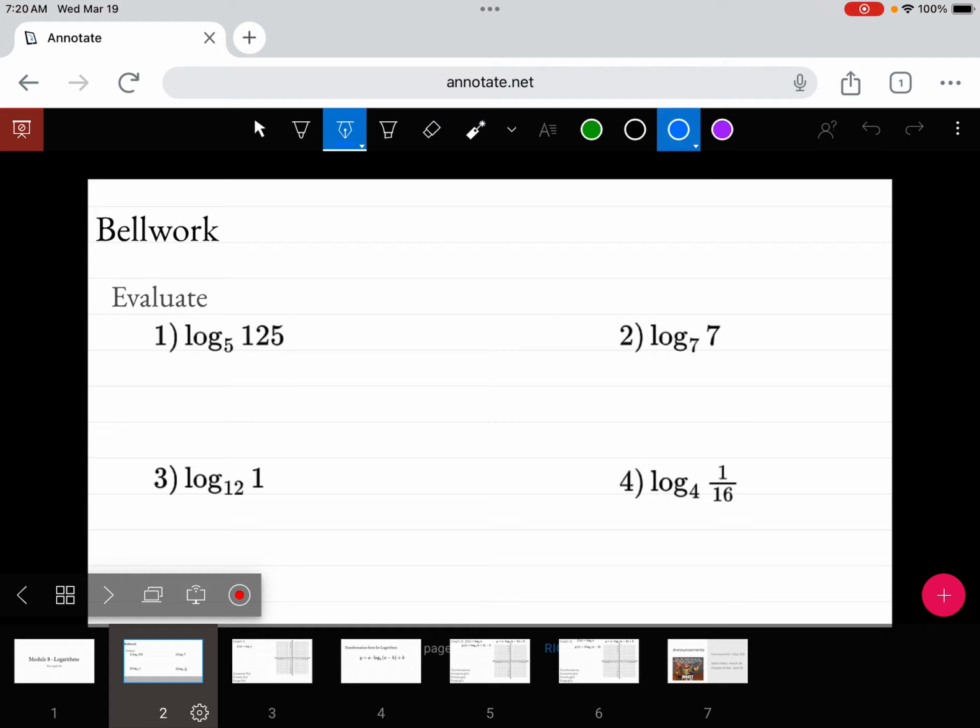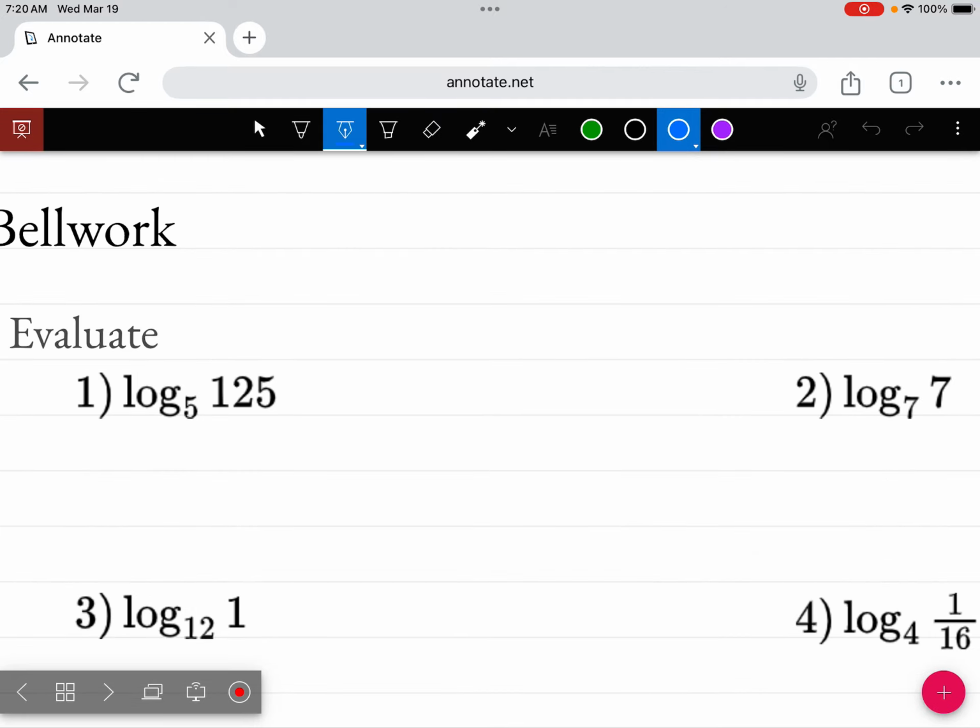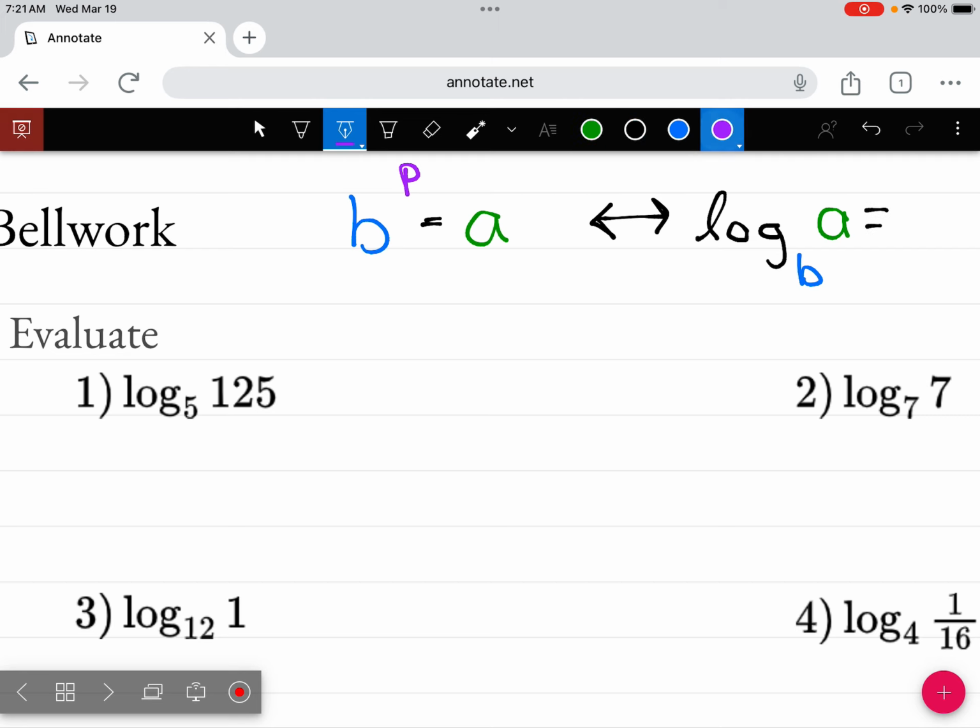And the best way for us to think that is to think about our B to the P equals A that we change into our log base B of A equals P. So we're trying to figure out the piece that's missing over here.